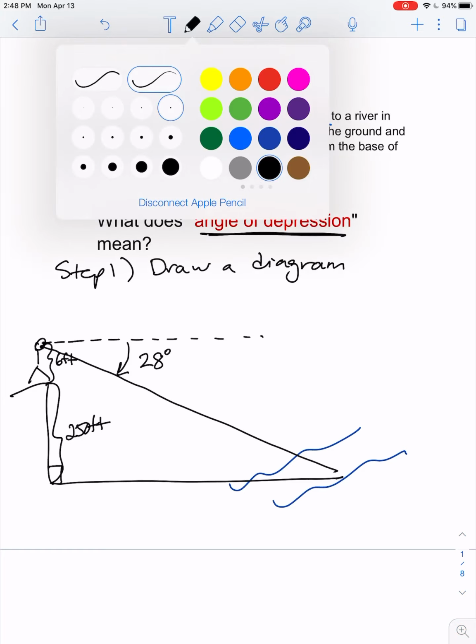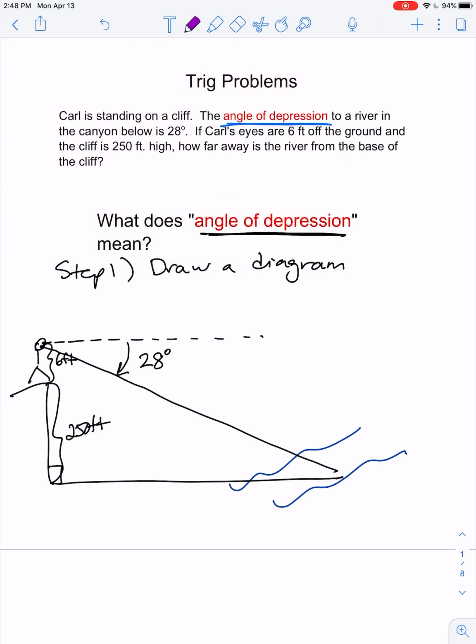However, if we take a look at this diagram, we have a Z pattern here, and this is where the angle of depression and the angle of elevation are related to each other. The angle of depression, which is this one, would have to be equal to the angle of elevation, which is that one, by the Z pattern, which means then we know that that is 28 degrees.